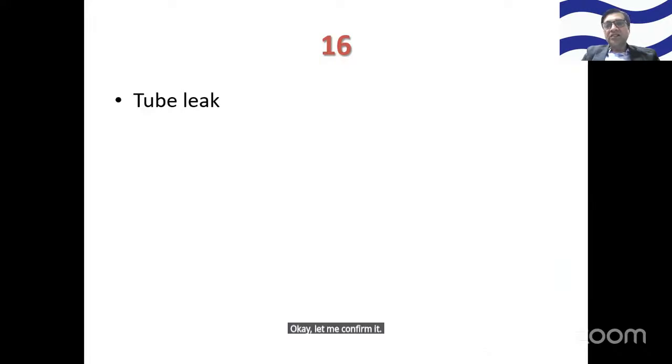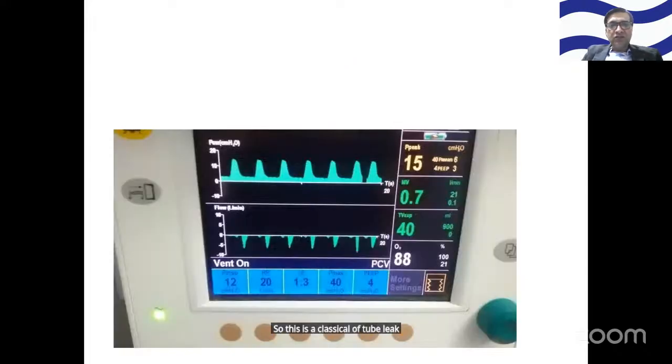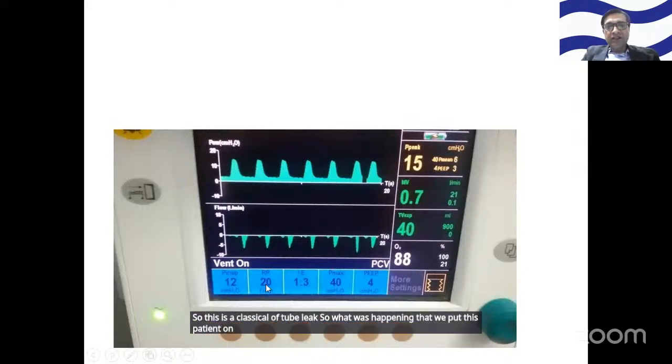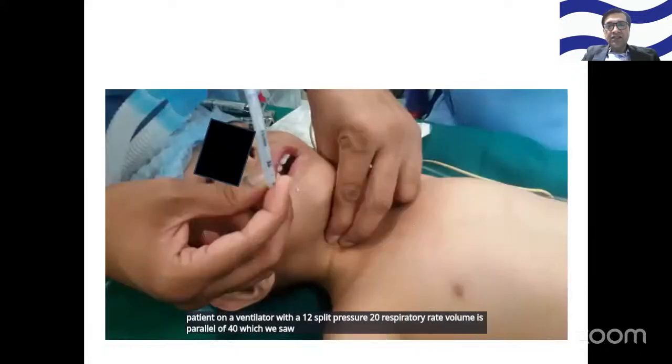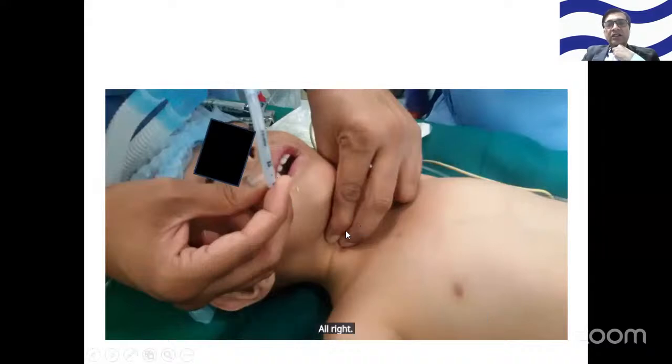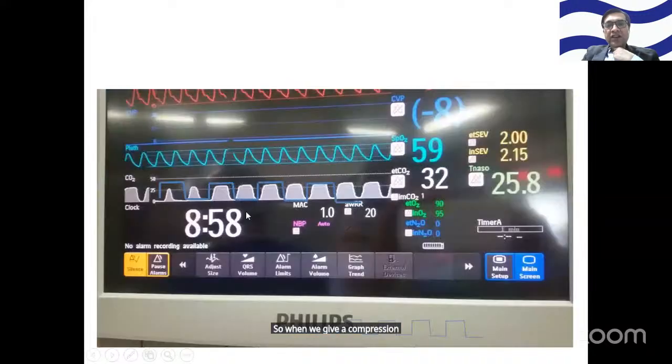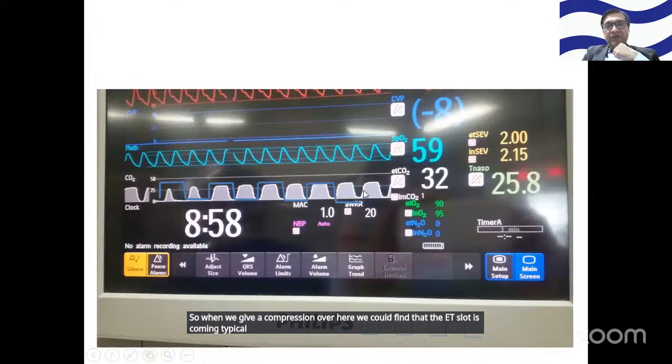So this is a classical tube leak. So what was happening was that we put this patient on a ventilator with an inspiratory pressure of 12, respiratory rate 20, and the expired tidal volume of 40, which we saw was less. It was an uncuffed tube, right? So when we gave a compression over here, we could find that the ETCO2 is coming as a typical squarish waveform, right?